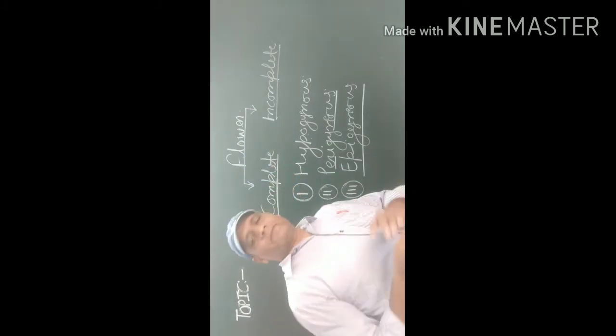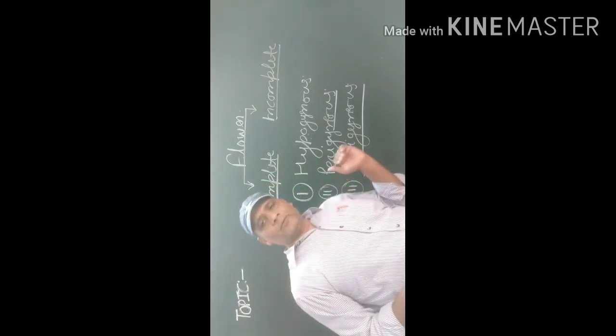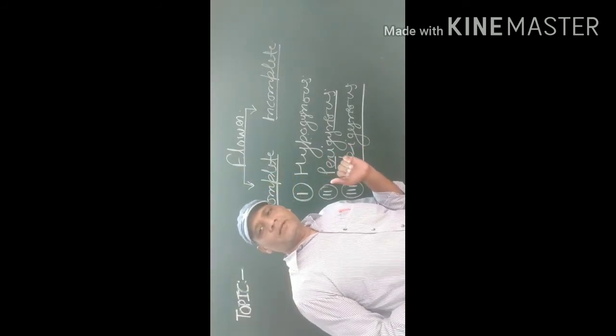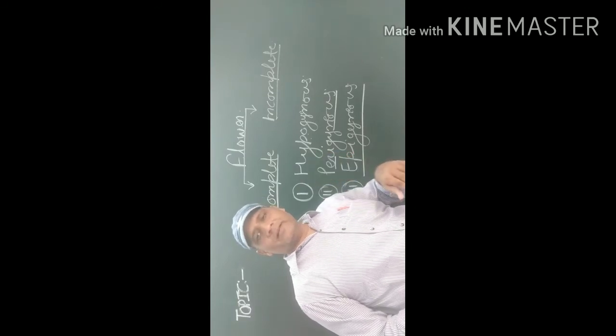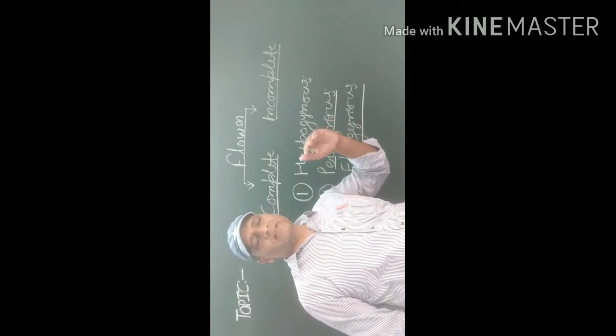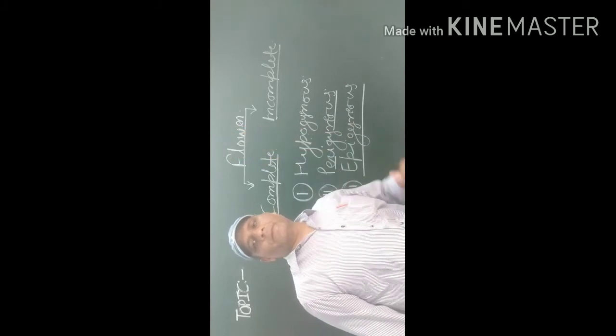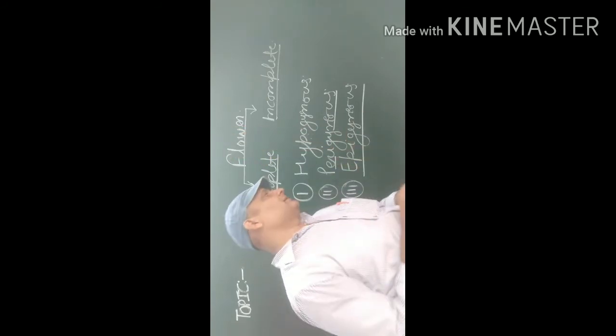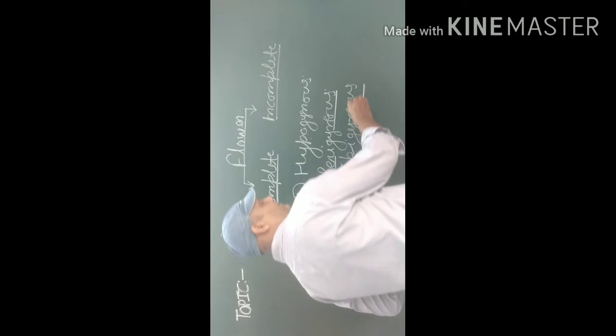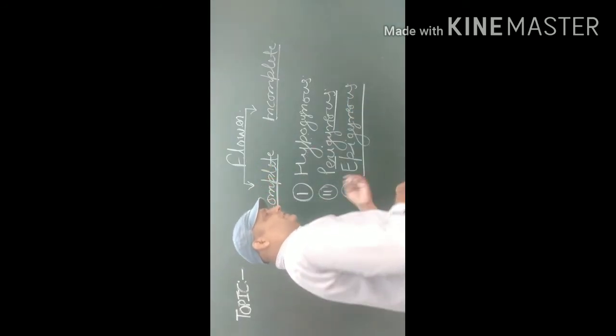Epigynous: in this type of flower, the ovary is in the lower region and the other flower parts arise on top of the ovary. Cucurbita, for example pumpkin, etc.